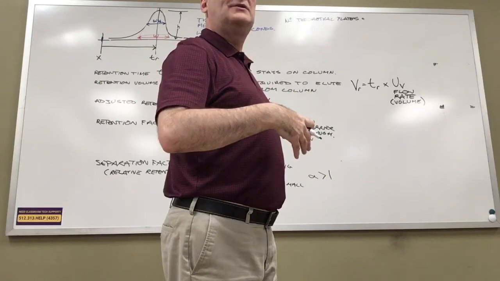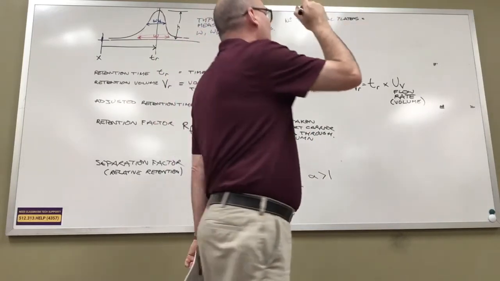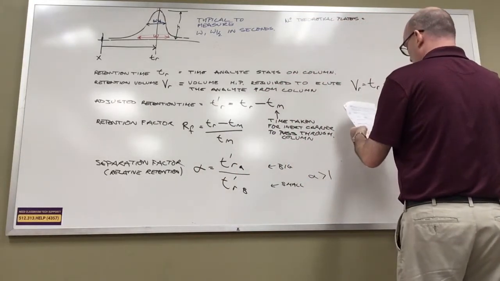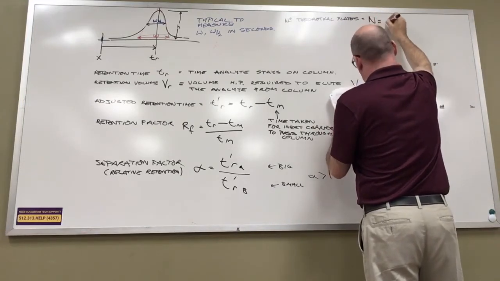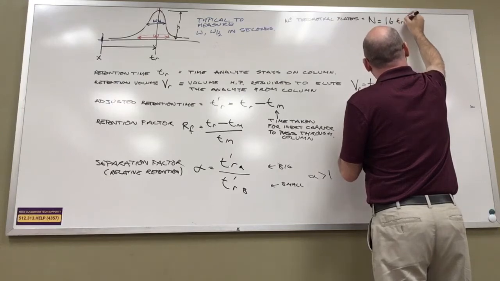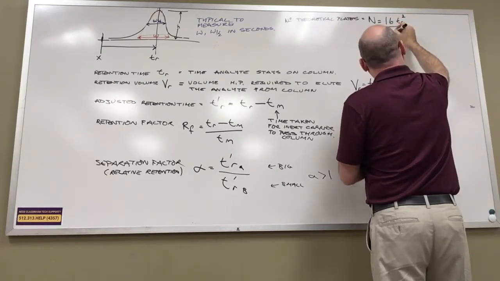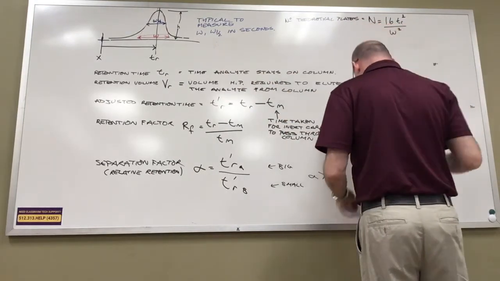But you can do the calculation to invent theoretical ones. The number of theoretical plates in a separation, N, is 16 times the retention time squared divided by the width of the peak squared.